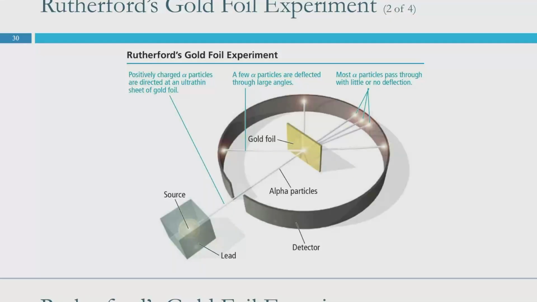I'd also like to take a little aside, because this is actually a crazy experiment. The way this detector works is it lights up when it gets hit with a particle. How would you know if it had lit up? You'd probably have to see it, or you'd have to have some tool that can tell if it's lit up.